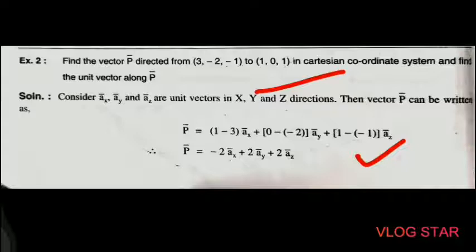So we will get p bar equal to (1 - 3) ax bar, which is -2 ax bar, plus (0 minus of -2) ay bar, which is 2 ay bar, and plus 1 minus of -1 becomes 1 plus 1, which is 2 az bar. So p bar is equal to -2 ax bar plus 2 ay bar plus 2 az bar.